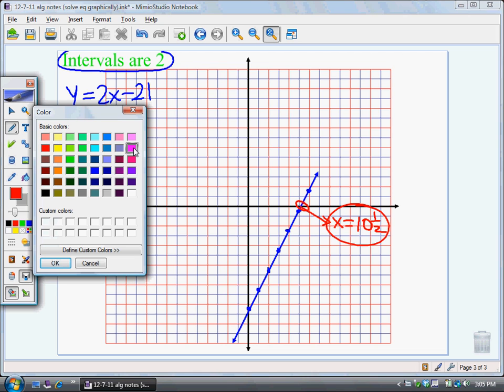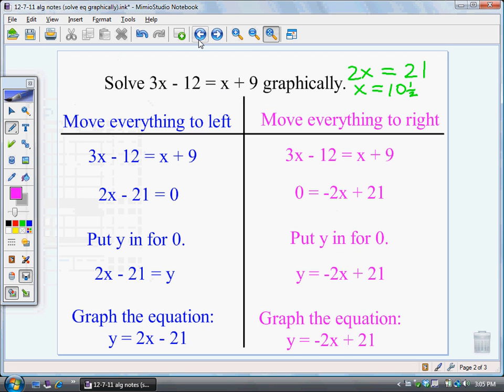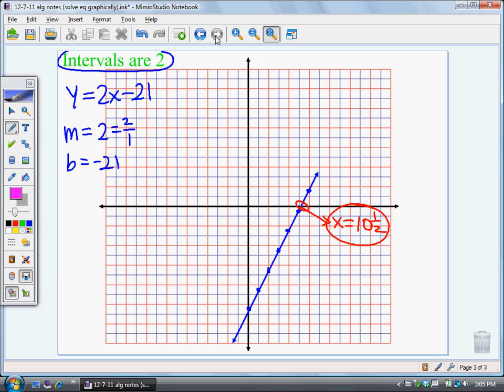And if we go and graph the other one, remember our other possibility was negative 2x plus 21. Here the slope is negative 2, and the y-intercept is positive 21. So now we would come up 2, 4, 6, 8, 10, 12, 14, 16, 18, 20, 21. Be right here.